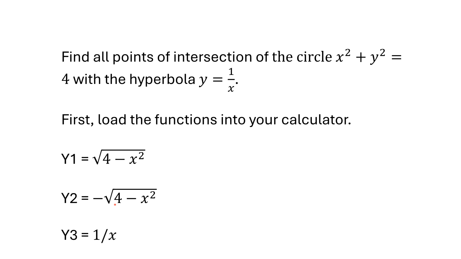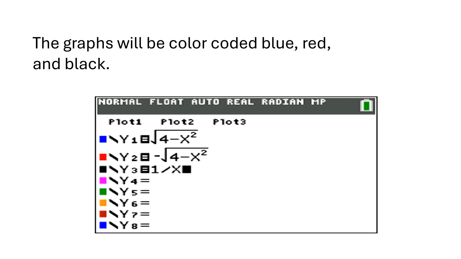Y2 is negative the square root of 4 minus x squared. And Y3 is 1 over x. And realize we're never going to intersect Y1 with Y2. We're going to be looking at where 1 over x intersects Y1 and where 1 over x intersects Y2.